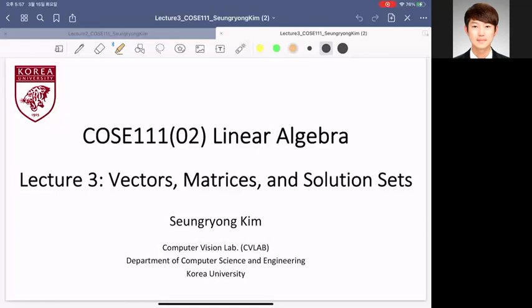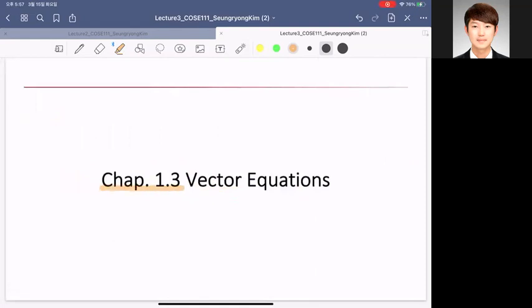So let's move to lecture 3, vector matrices and solution set. This is chapter 1.3, 1.4 and 1.5.